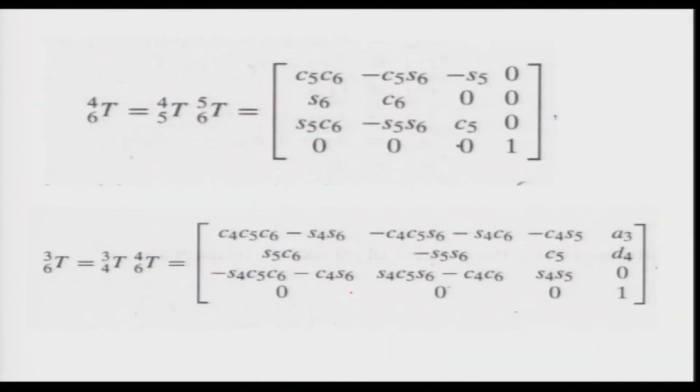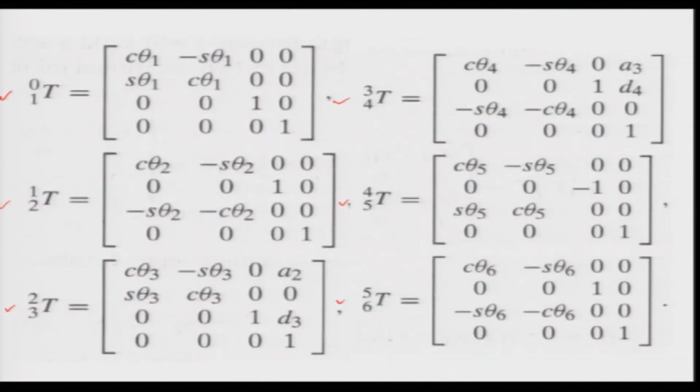Now, what we need to do is multiply all of them together. But something to note here is that if we multiply all of them together and get our final matrix T0 to 6, and then try to solve the inverse kinematics, it is not possible to solve. Why? Because, as you will see in the next few slides, there are so many sine and cos terms.